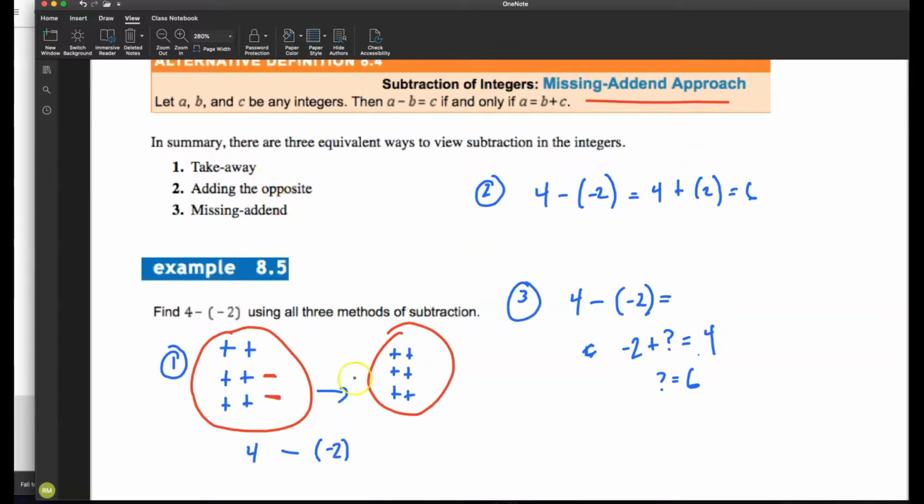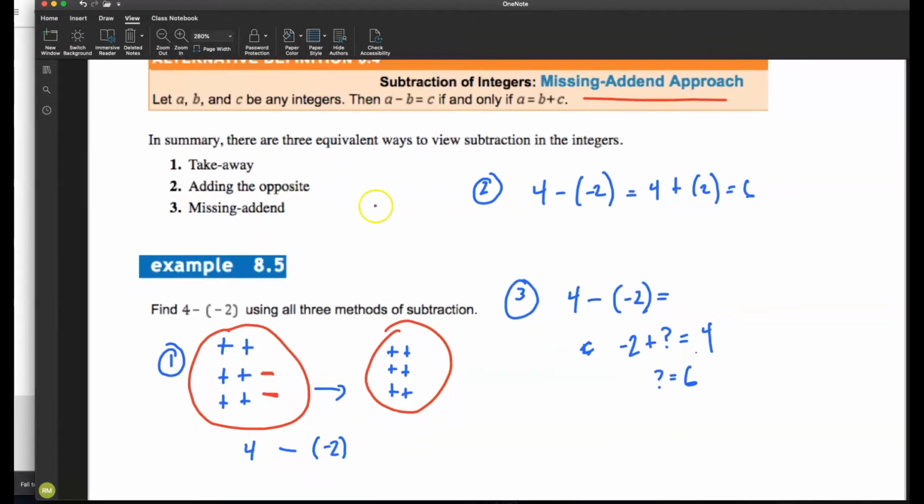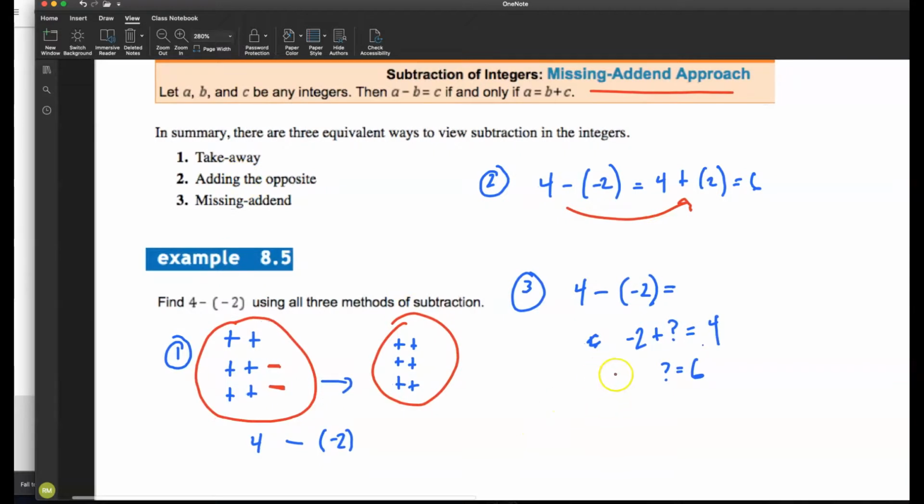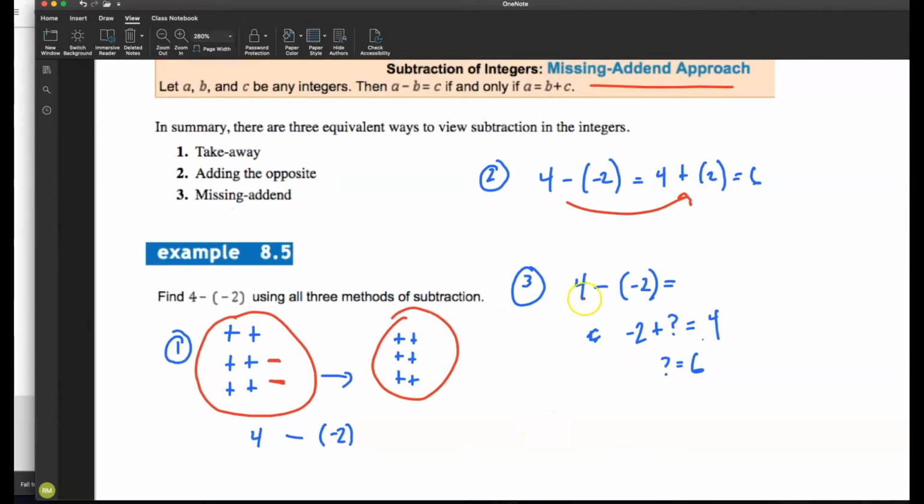The first one is 4 minus negative 2. In the takeaway approach, I had 4, and then I had to add 2 more with the 2 negatives, and when you take away the 2, you end up with 6. Adding the opposite just turns into that problem there. In the missing addend approach, 4 take away negative 2 is me saying negative 2 plus what equals 4? That equals 6. That's the missing number there.